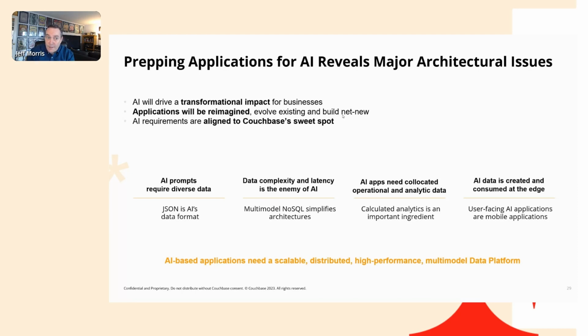So if you don't have an embeddable mobile solution involved in this whole architecture, you're going to be missing out on one of the key capabilities for building these AI-enabled adaptive applications. And of course, it needs to be provided on a scalable, distributed, high-performance, multi-purpose, multi-model database platform so that it can go wherever it needs to go.